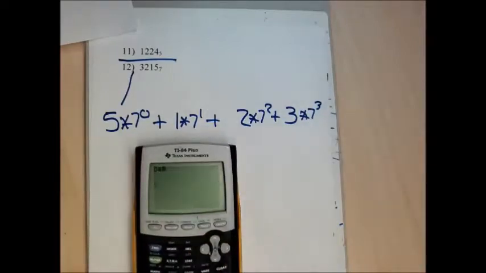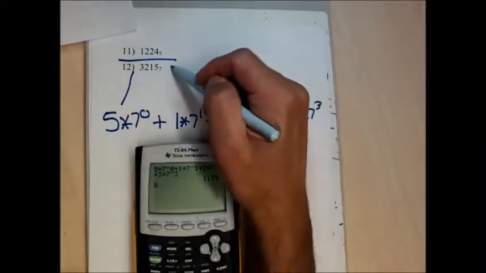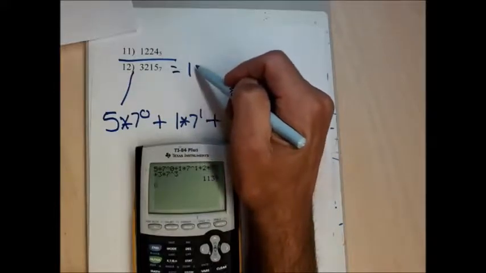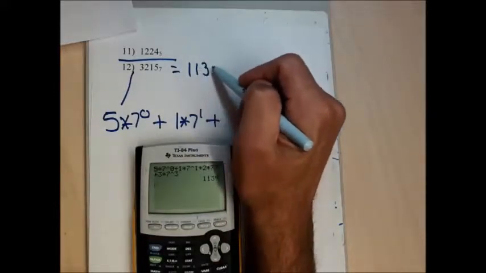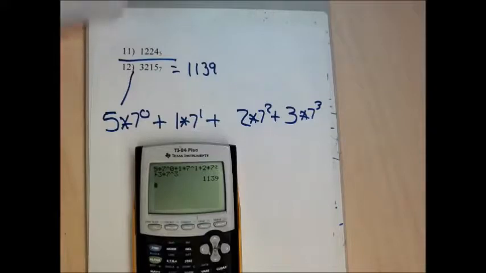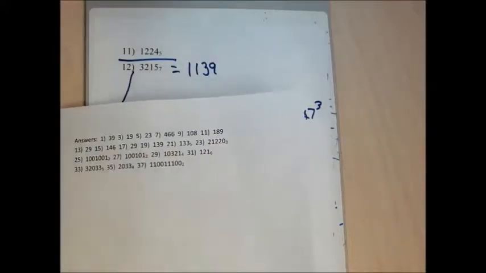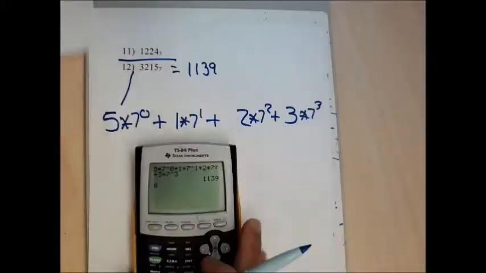So 5 times 7 to the 0 plus 1 times 7 to the 1 plus 2 times 7 squared plus 3 times 7 cubed. My answer, 3215 base 7 equals 1139 base 10. Again, your answer for number 11 is 189 base 10.